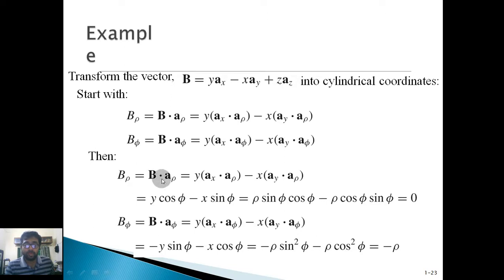Then we will get the value of B dot a_rho. We will put the values of y cos phi minus x sin phi, which is equal to rho sin phi cos phi.